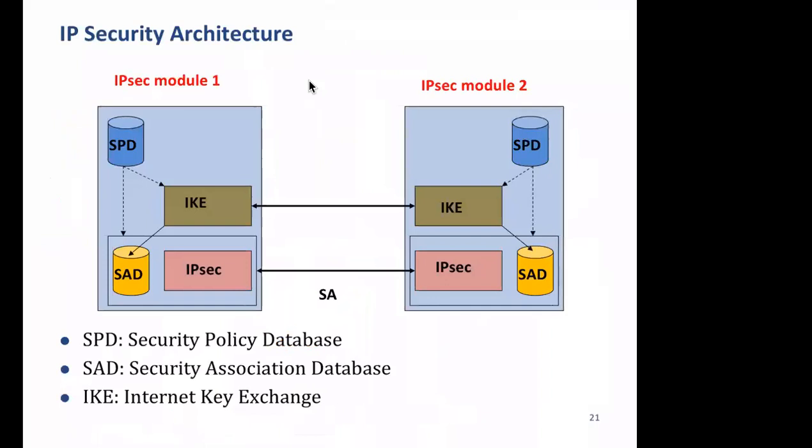This diagram tells you the relationship and how packet processing happens. We have this security association that we have formed. When Alice sends a message to Bob, how will she encrypt? What is her IP address?